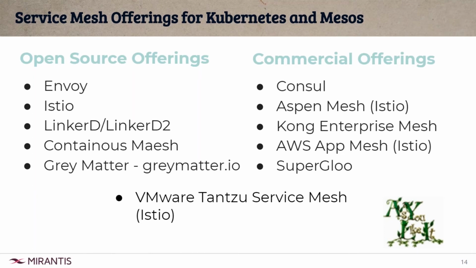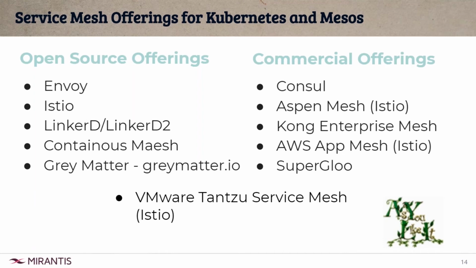And I'll be honest with you, I have now added 4 or 5 of these as I have done this service mesh presentation over the last 2 years, I think, as this has been developing.